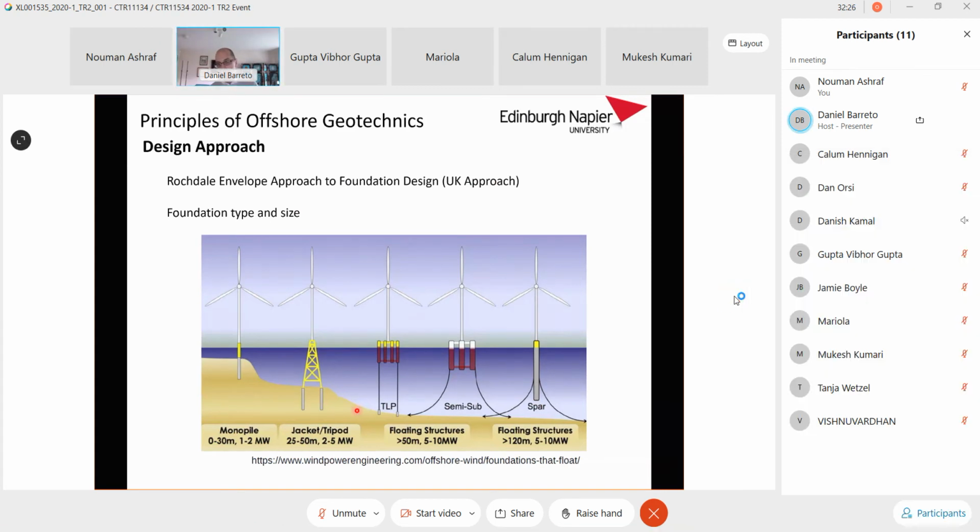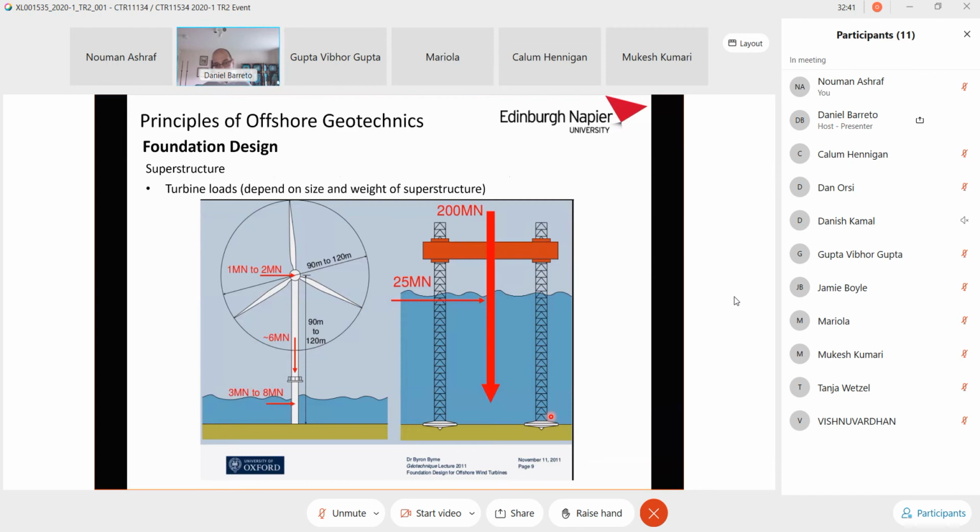To do that design that applies to at least these three types of structure, and for certain anchors in those two larger floating structures on the right. Again, to compare onshore to offshore, a typical onshore wind turbine will have axial loads of maybe 1 meganewton, 1,000 kilonewtons or something like that, due to structural loads, which is what this is representing here.